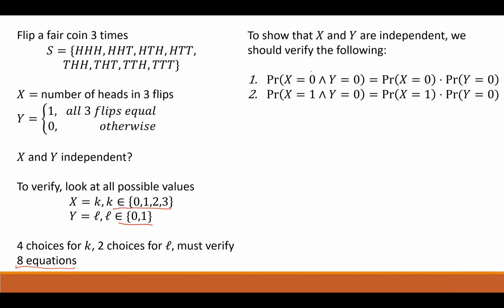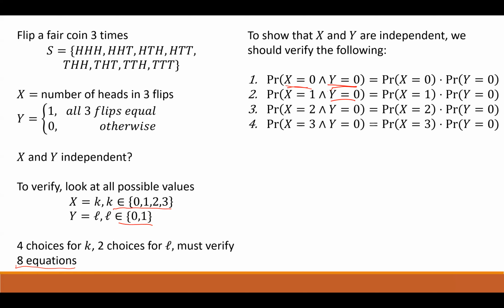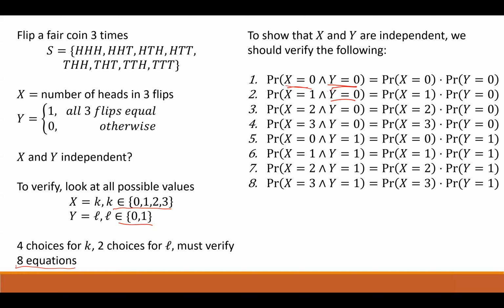You can think of it as a double for loop. For Y equal to 0, I look at all values of X. So I have to verify those 4 equations, and then I look at Y equal to 1 and again go through all values of X.